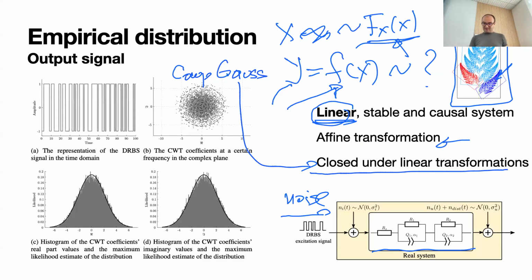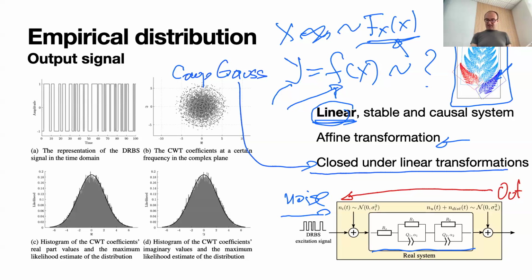It means that the output distribution will have the same shape. It doesn't mean that it will be identical, but it will be the same shape, maybe a little squashed, maybe expanded, maybe rotated, but visually it will be in the same family as the input signal.